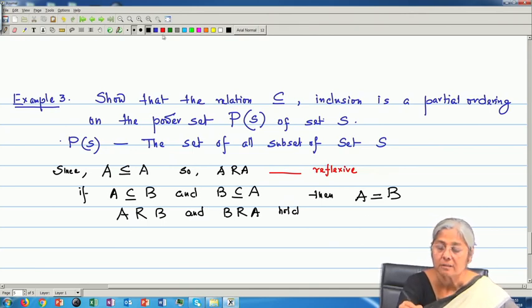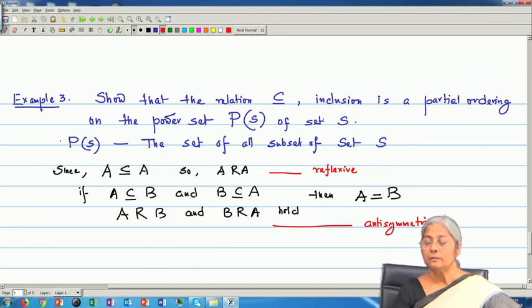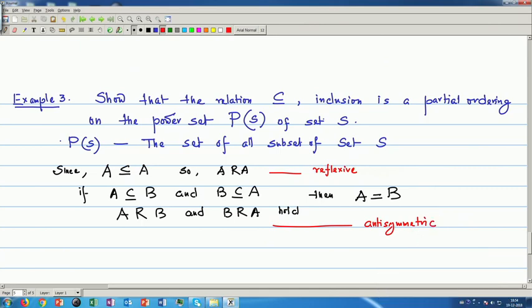So it is antisymmetric, because if A equals B, then the condition is false and it is vacuously true.